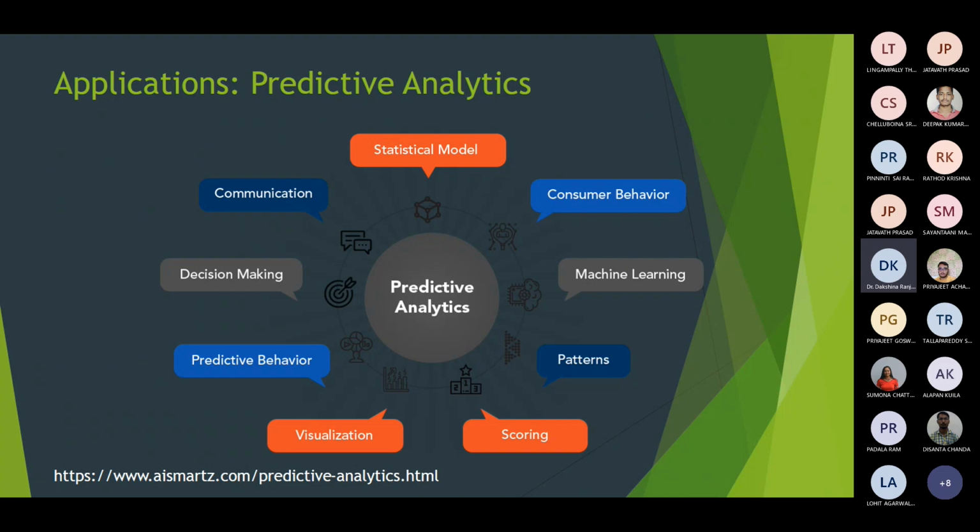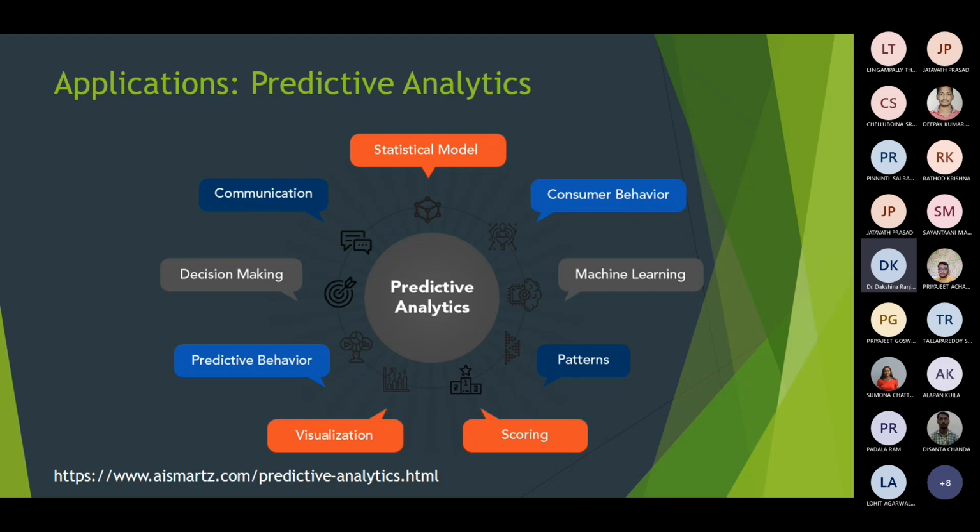Now, if we consider predictive analytics, here we use statistical modeling to predict different outcomes. In predictive analytics, we use statistical modeling in consumer behavior, pattern discovery, and scoring, determining the scores of different classification and regression models.